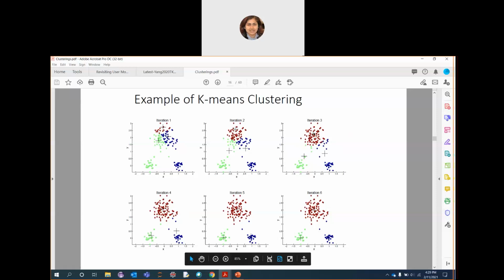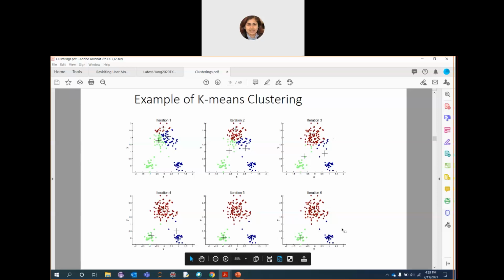Now in iteration 4, based on the newly calculated means, the clusters are formed. So when you have the centroid here, all the data points will become brown, this one green, this one blue, as you see here. Then in the next step, your centroids will move closer to the cluster data points. So these are 3.